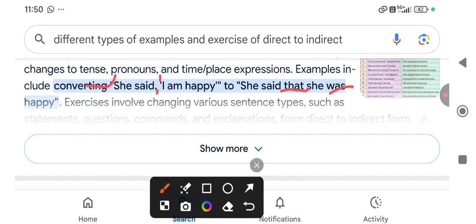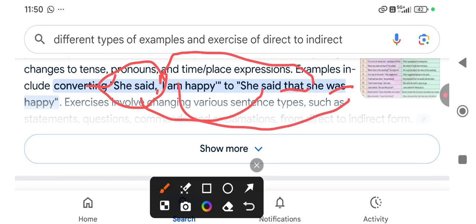Then she said will remain the same. That part will remain the same. She said, I am happy. So I becomes she, and am becomes was. This is a change, right?